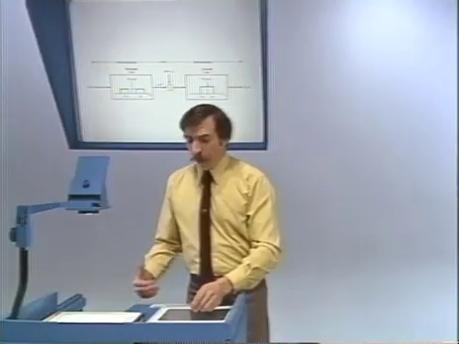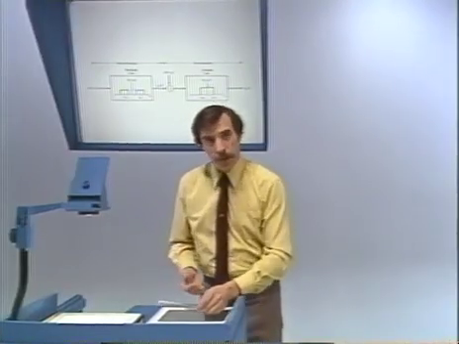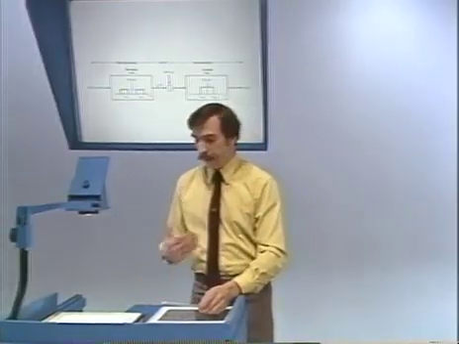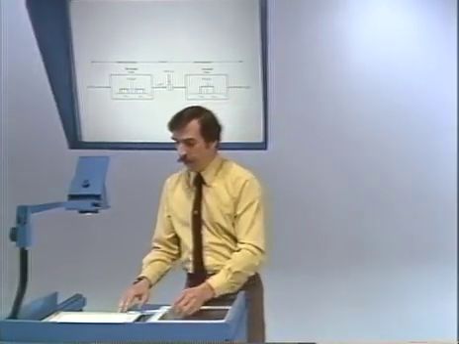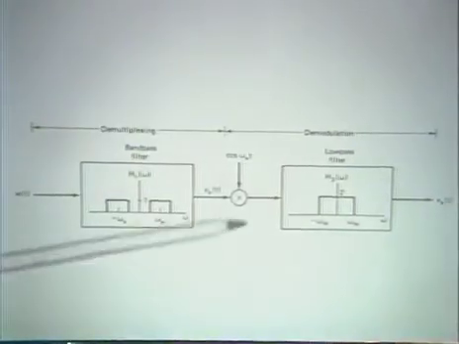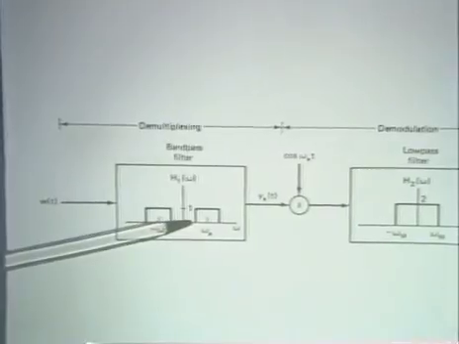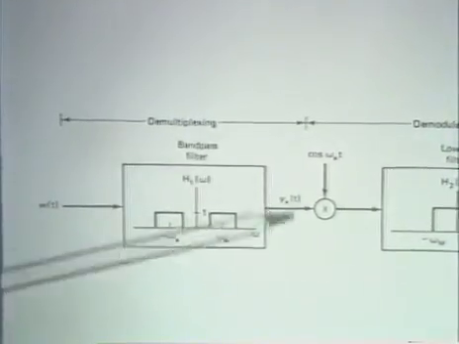And so if we want now to recover one of those channels in a frequency division multiplex system, as I indicated, we would first demultiplex, demultiplexing corresponding to pulling out the appropriate channel with a bandpass filter.